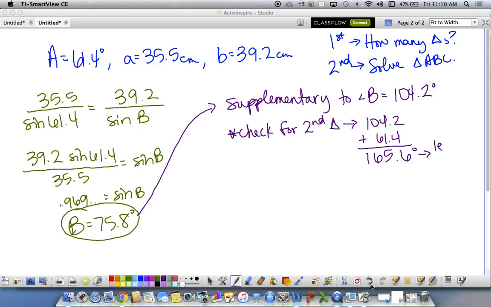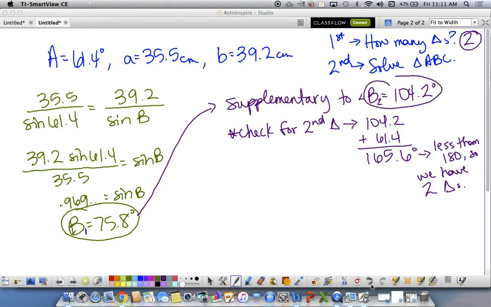It's less than 180. So we have how many triangles? 2 triangles. So go there and answer that. How many triangles? 2. Okay, so now we have a B1 and a B2.